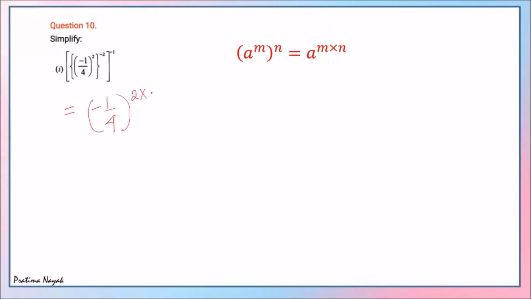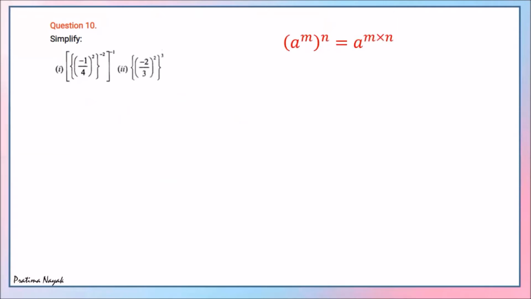Next power minus 2. Next power minus 1. So now multiply 2 into minus 2 is minus 4, into minus 1. How much? It will be 4. So minus 1 by 4 to the power 4. So this is the simplification. No other thing to do.